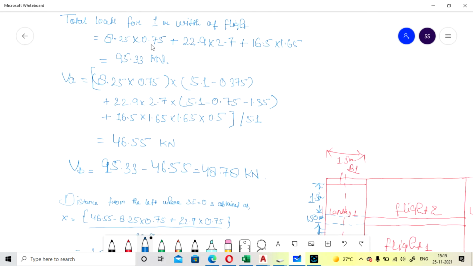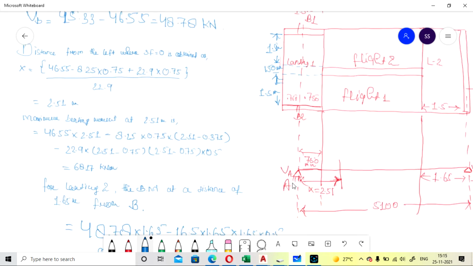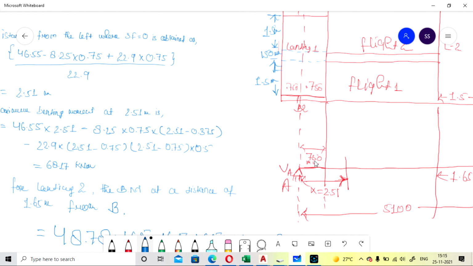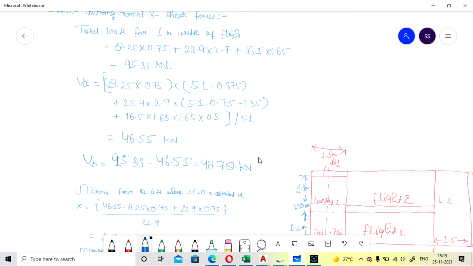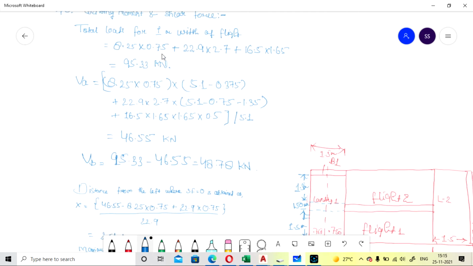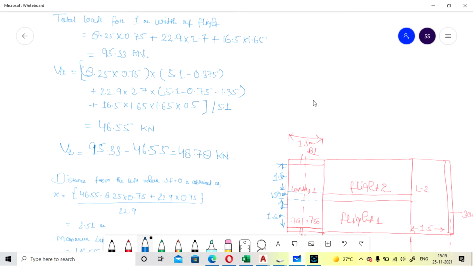8.25 for landing 1 into 0.75. So we are considering the mid of this, so it is 750 here. So our reaction will be 8.25 into 0.75, that is half of 1.5, plus 22.9 load on flight into 2.7, total length of flight, plus 16.5, that is ultimate load on landing 2, into 1.65.